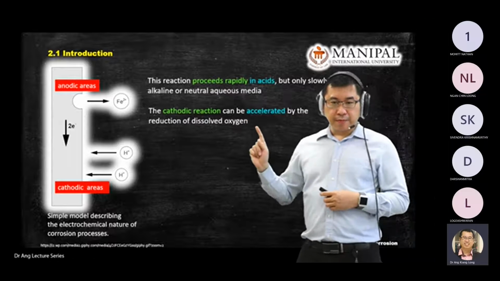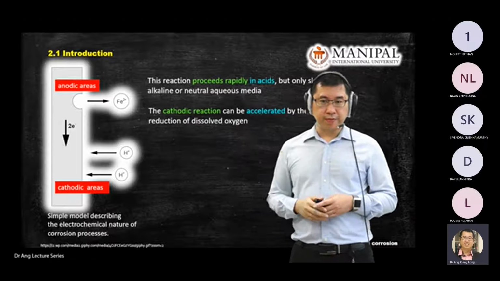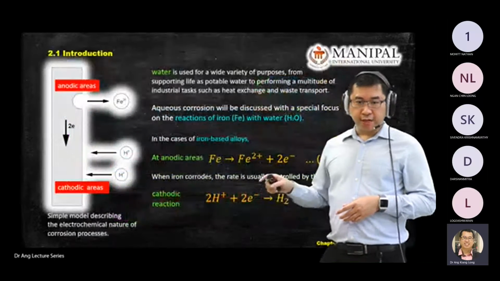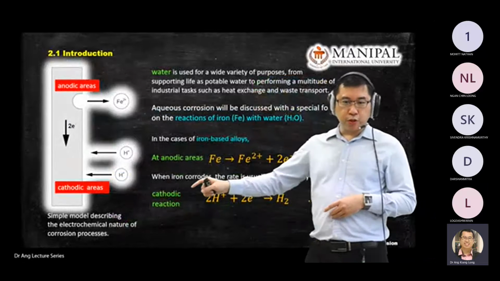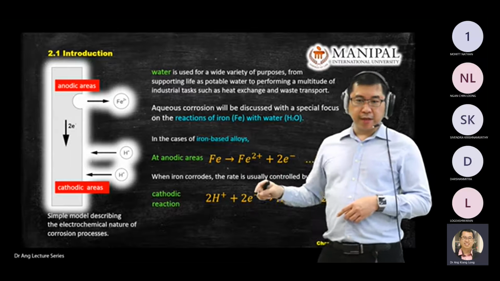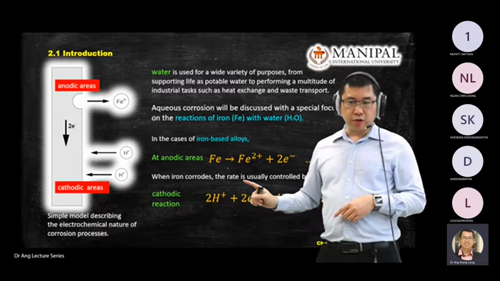In this case, what happens if you have oxygen? Just now we only talked about electrons, where the electrons come from the metal itself, and this cathodic reaction controls the rate.